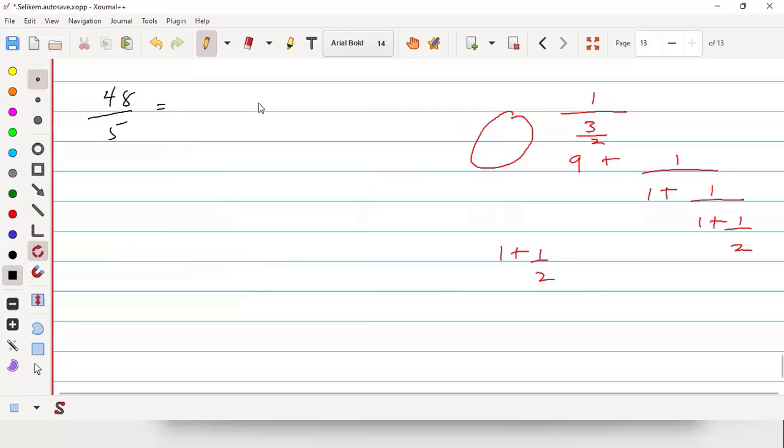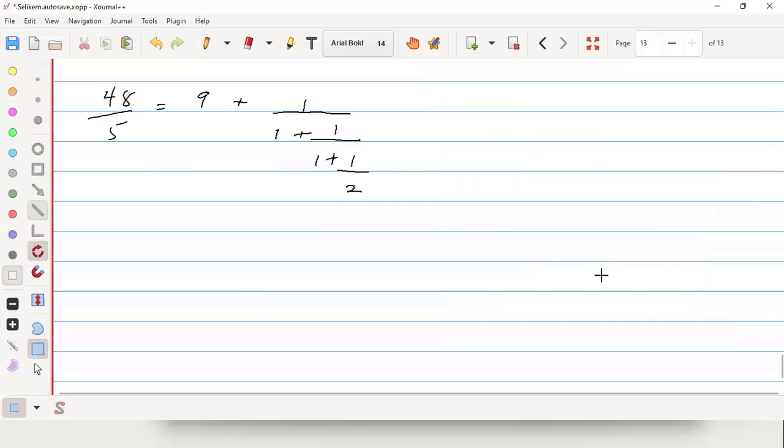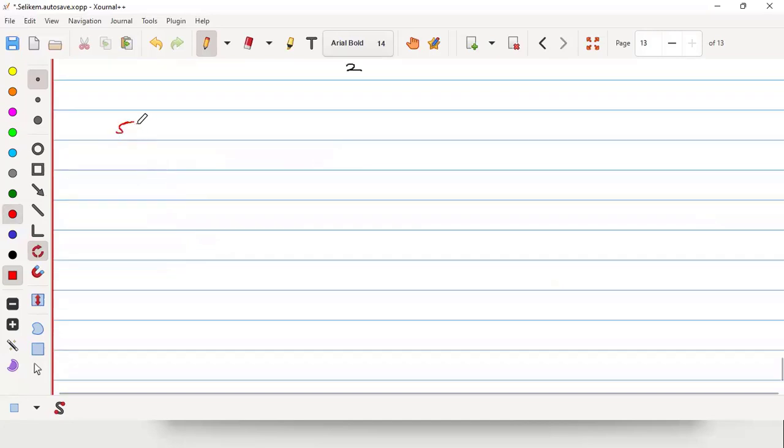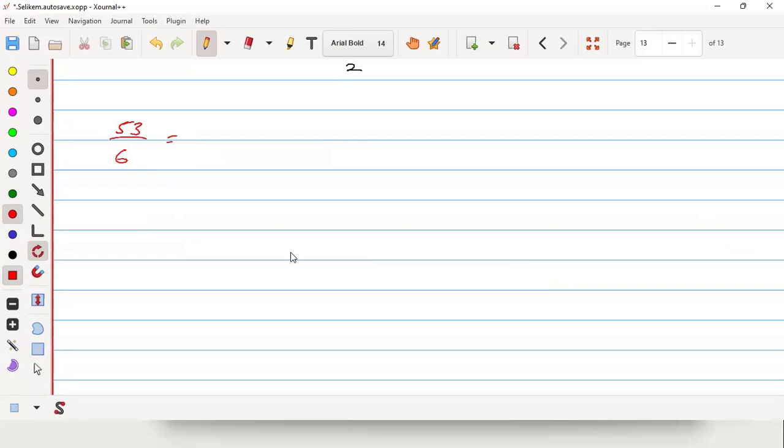So this answer was 9 plus 1 over 1 plus 1 over 1 plus 1 over 2. So we are changing 53 over 6 into a continued fraction. So I think we can start off with ease with this one.